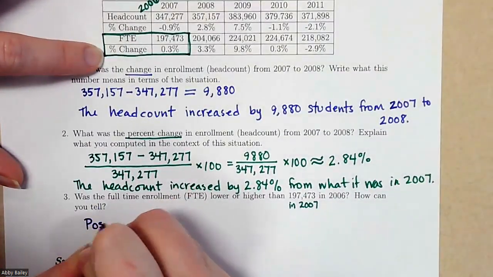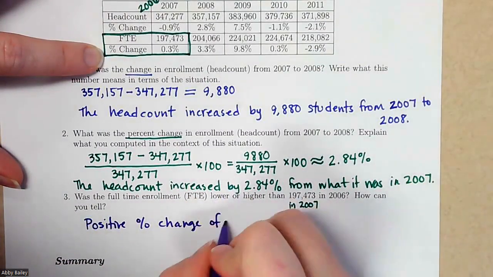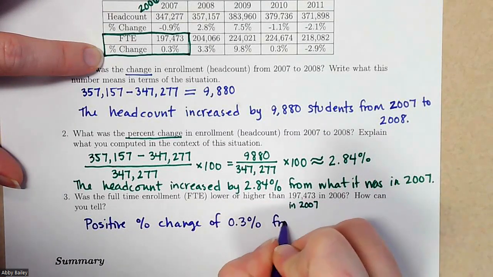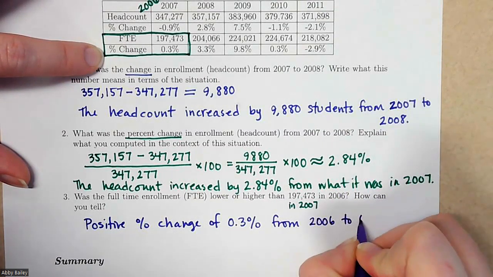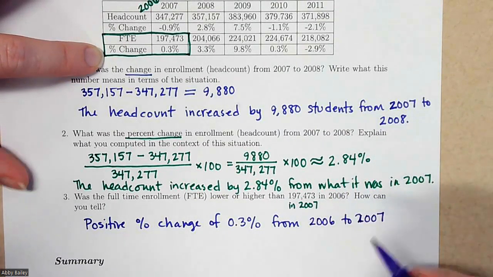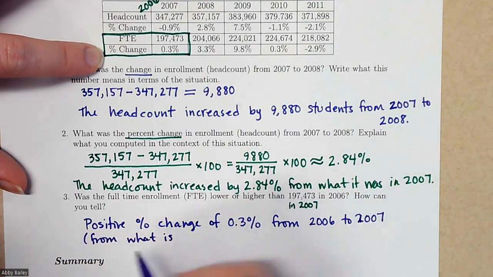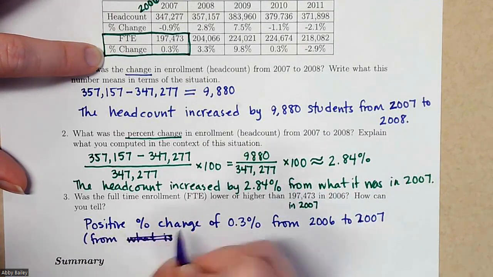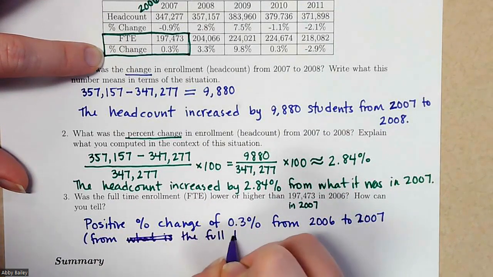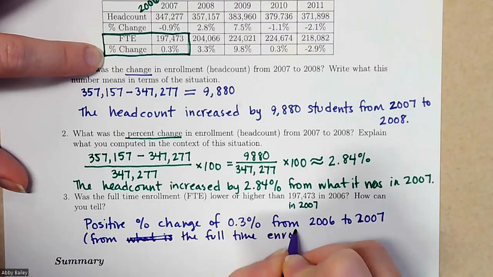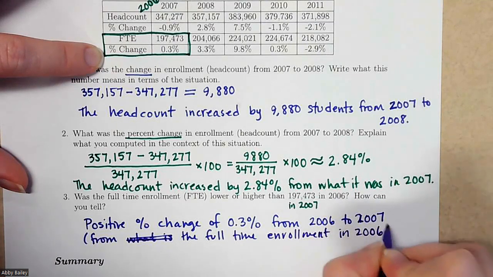There was a positive percent change of 0.3% from 2006 to 2007, or from the full-time enrollment in 2006.